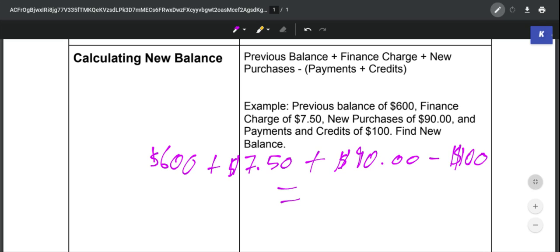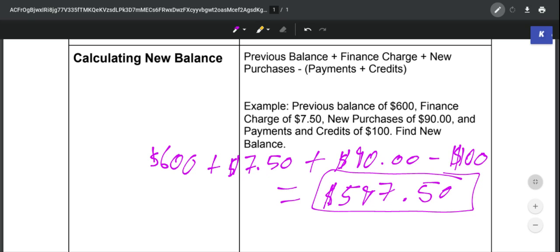So we've got 600 plus 750 plus 90, and then minus 100. Our previous balance was 600. We added our finance charge and our new purchases, and now we're left with $597.50. So pretty much we're just calculating that new balance.